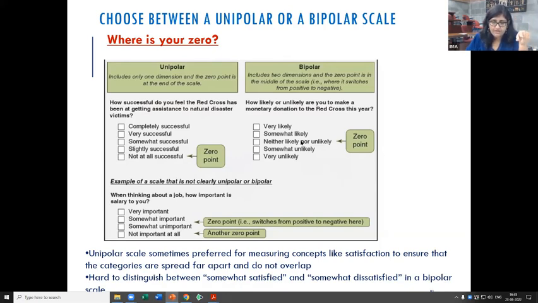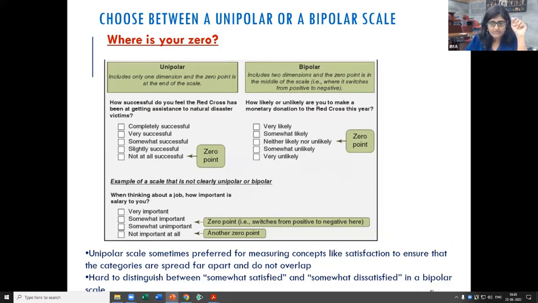Now, sometimes your 0 could be in 2 different places. A 0 could be not important at all, but a 0 could also be between somewhat important and somewhat unimportant. A 0 could be between +1 and -1, right? Let's say somewhat important is +1. Somewhat unimportant is -1. What comes in between is 0. So sometimes it is not clear about where exactly is your 0.